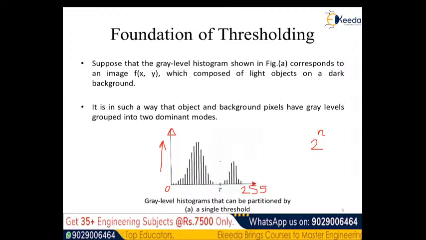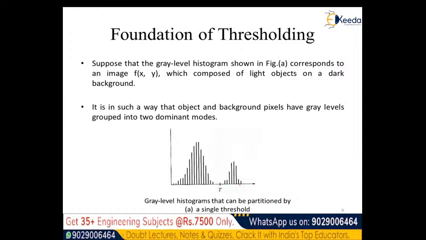For the considered image, here is the scenario of the histogram where we can have two groups. The two groups can be separated with a certain point that we can select to be a threshold. So the earlier example that we discussed was of this particular type where the gray level histogram can be partitioned by a single threshold.